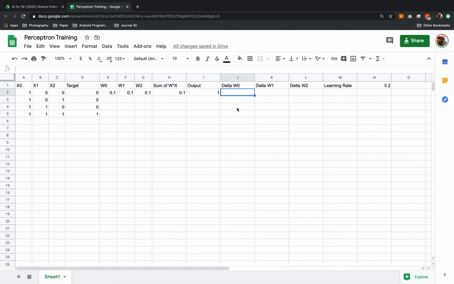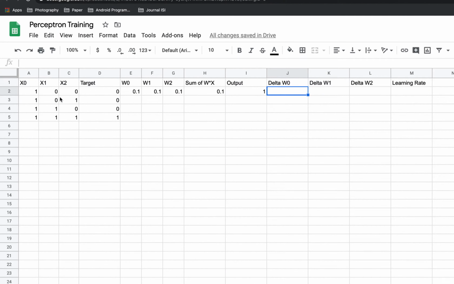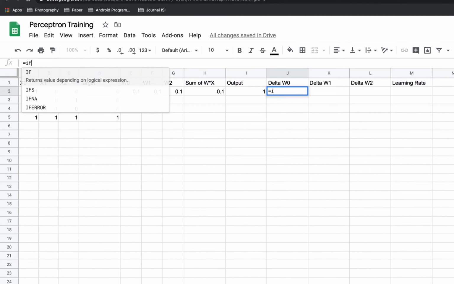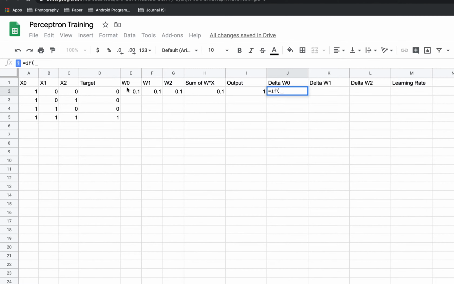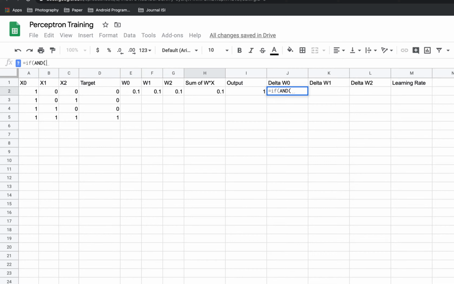And the delta rules are a little bit complicated. Look at this. Our rule is, you have two conditions, right?